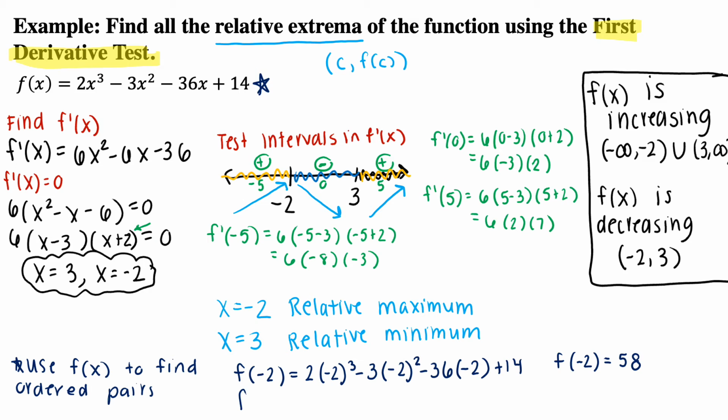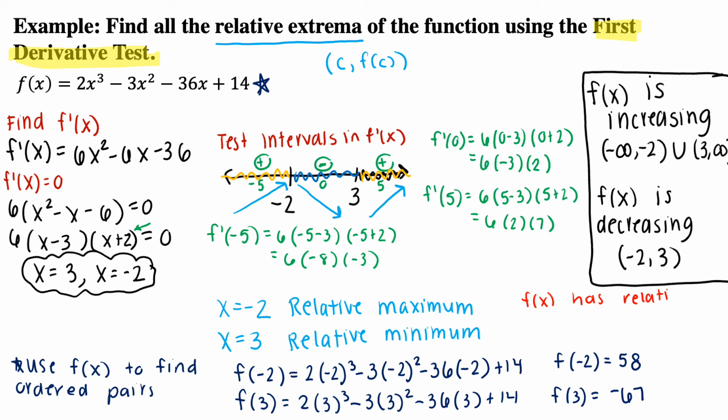And then also evaluating f of 3, our original function is 2 times 3 cubed minus 3 times 3 squared minus 36 times 3 plus 14, and we get f of 3 equals -67.